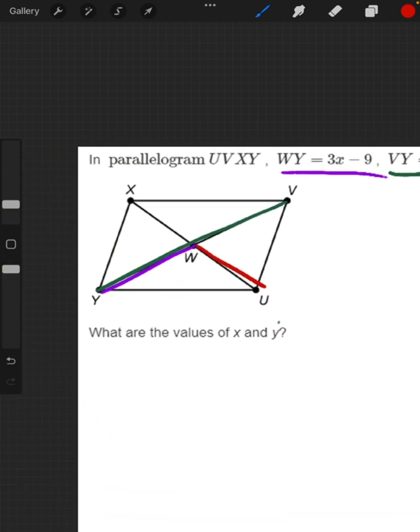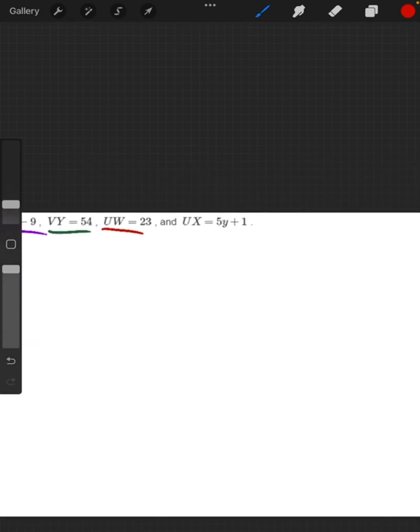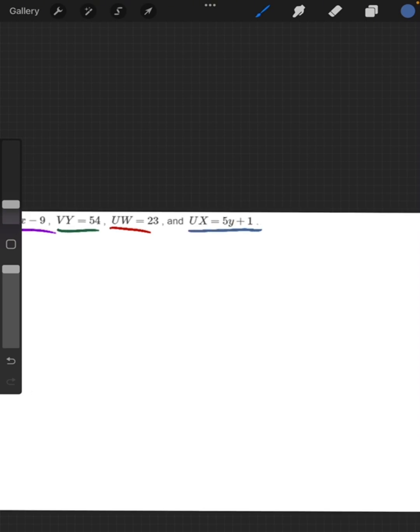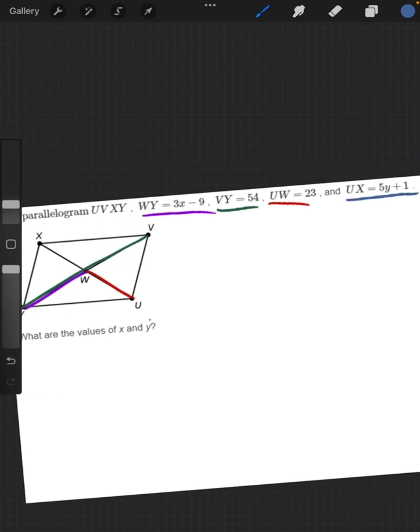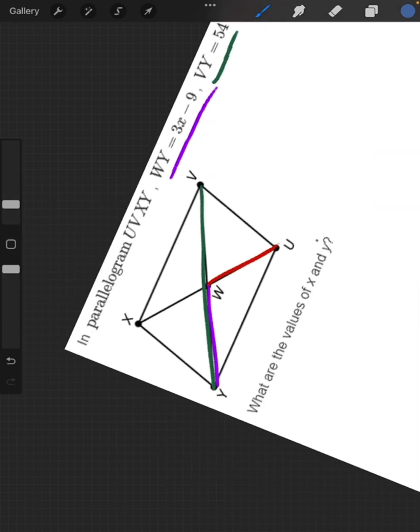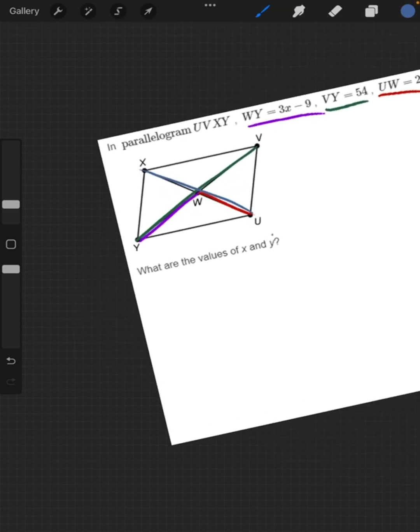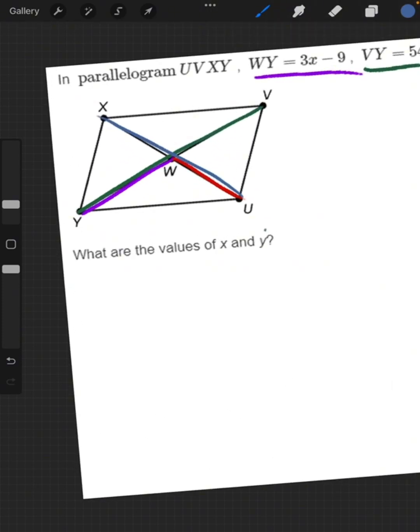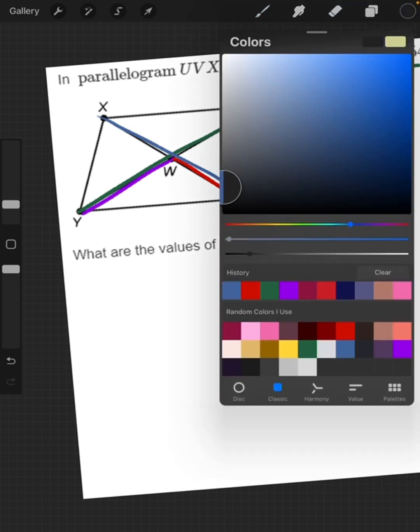That would be this one. And then finally, UX equals 5y plus 1, which would be this one. Okay, now we have to find the values of x and y. So let's figure this out.